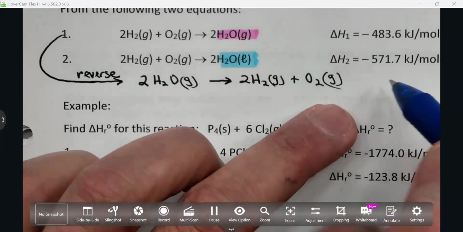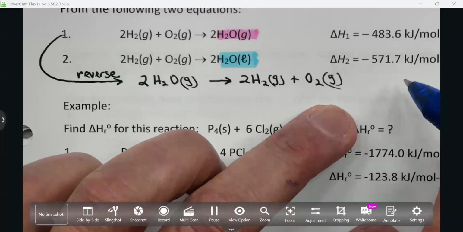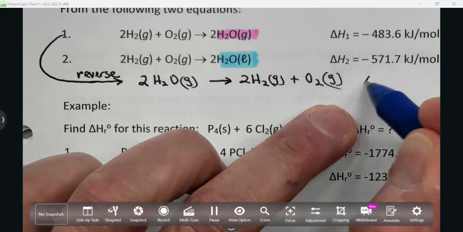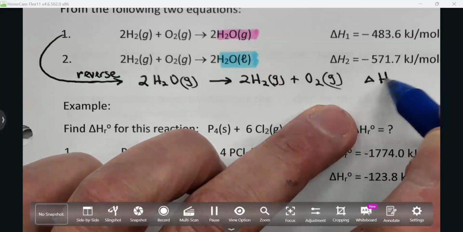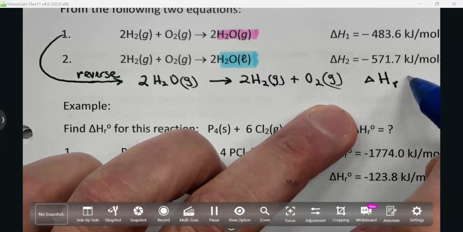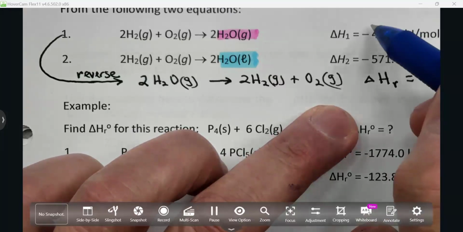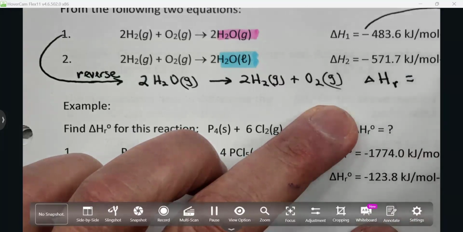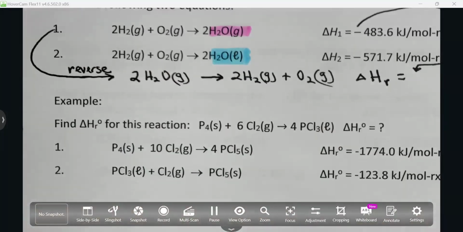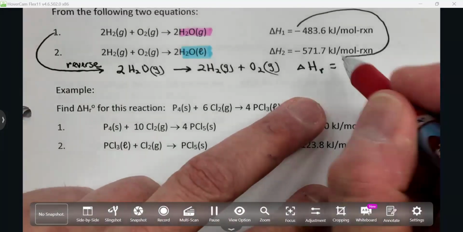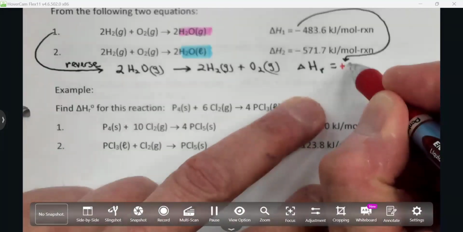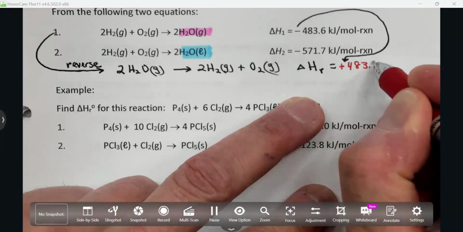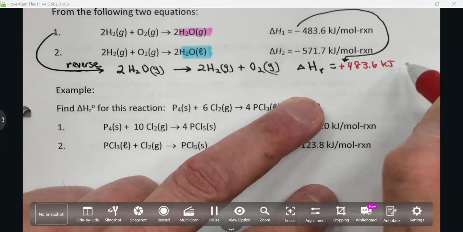And if I reverse it, I need to change that sign, correct? So instead of releasing 483.6 kilojoules of energy, I'm going to end up putting that in. This is now going to be positive 483.6 kilojoules.